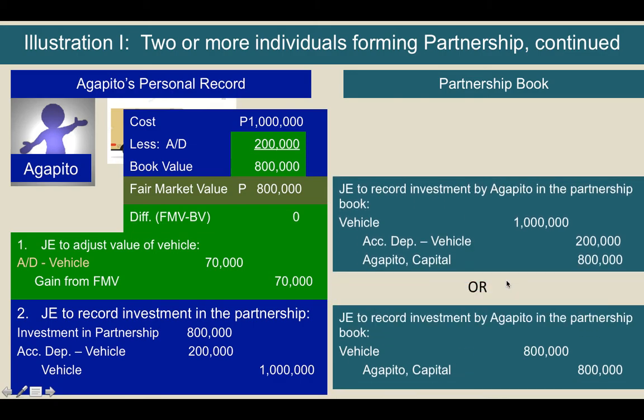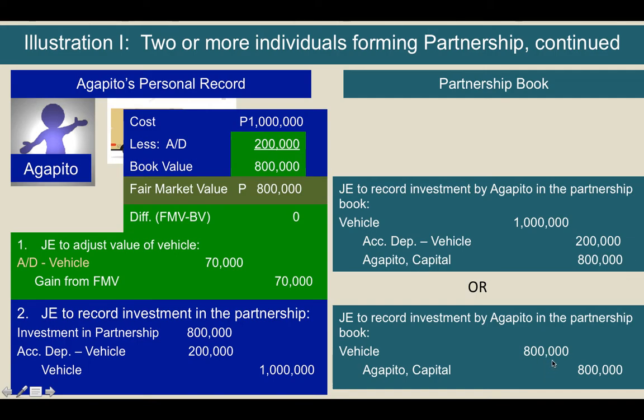Okay, record everything, since if the partnership accountant has knowledge of the history of the vehicle, the accountant can record it like this. He can get the invoice price of the vehicle at 1 million, and then record the accumulated depreciation as a reduction from the cost to get the book value of the vehicle, and then record a credit to Agapito Capital at 800,000.